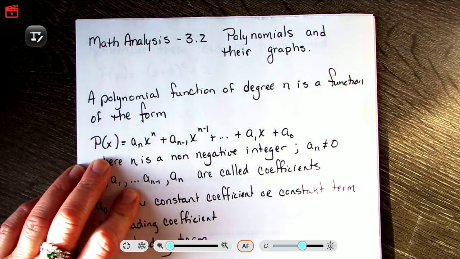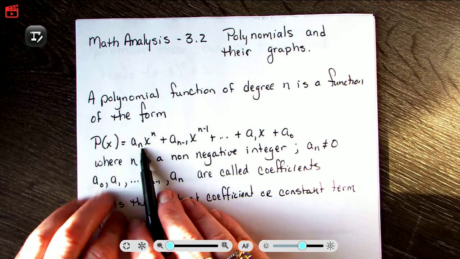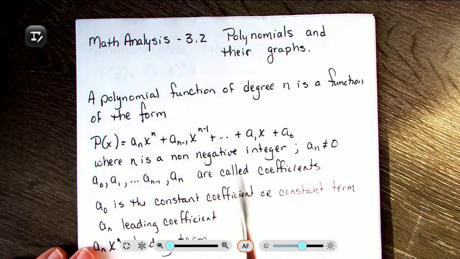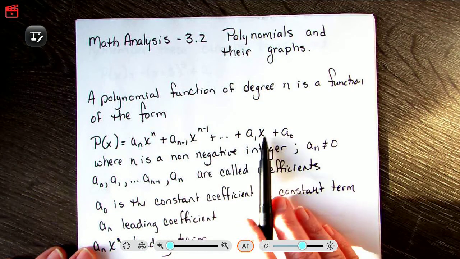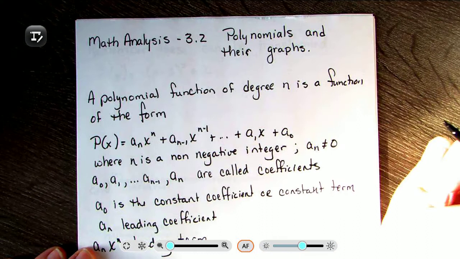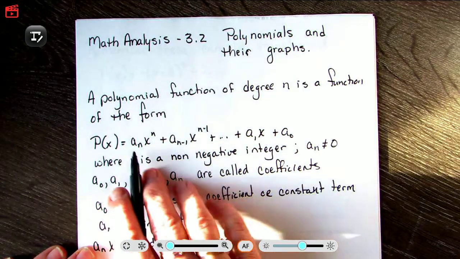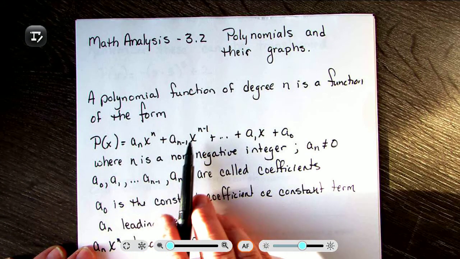It looks something like this: a sub n x to the n, a sub n minus 1 x to the n minus 1, all the way down to a sub 1 x, with a first power there, and then a sub 0.